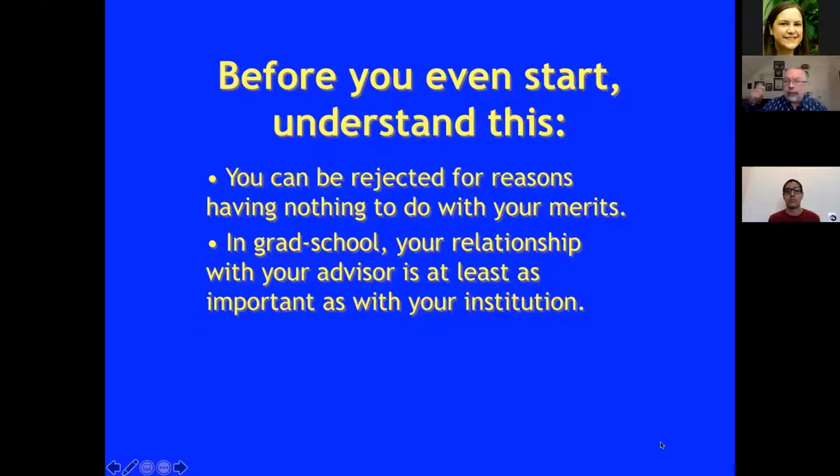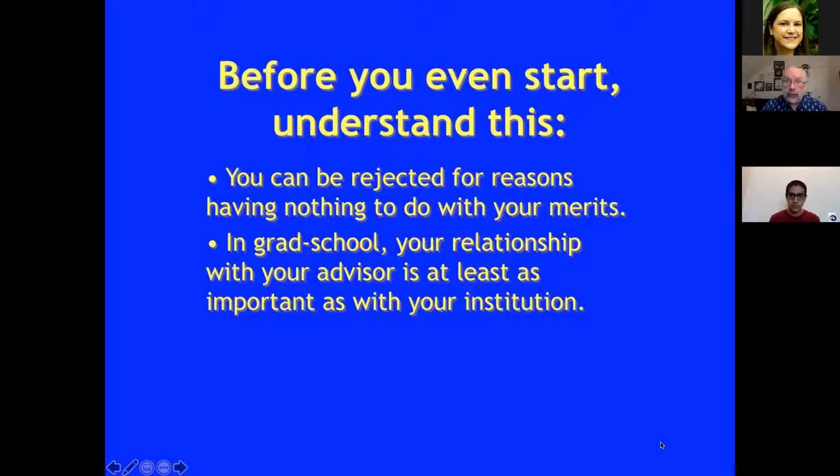It means that if you happen to apply and you say you want to do research on a particular topic, such that there really is only one person in the department to which you are applying who would be your logical advisor, and for whatever reason, that person is not available, you're out of luck, okay?